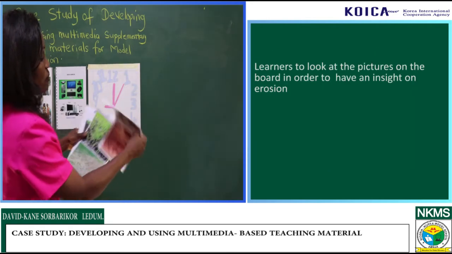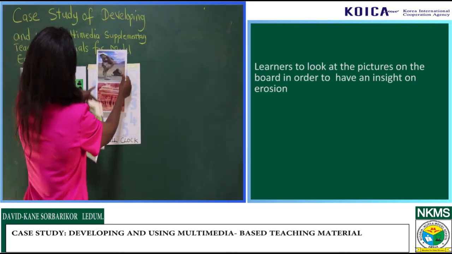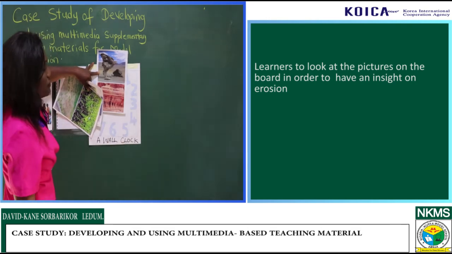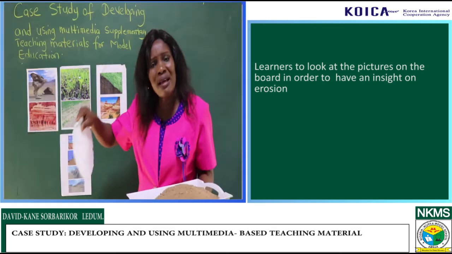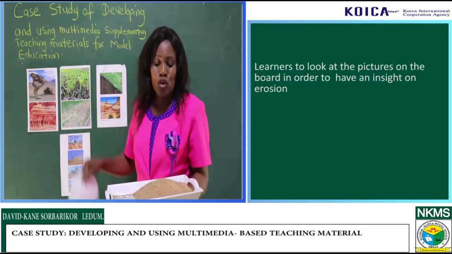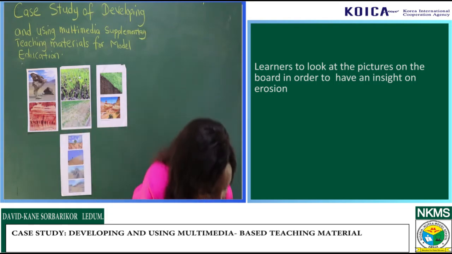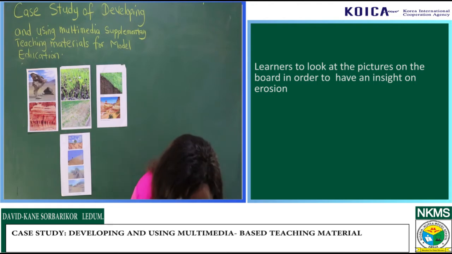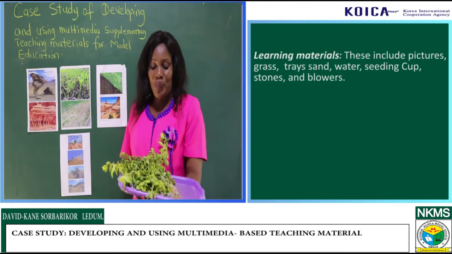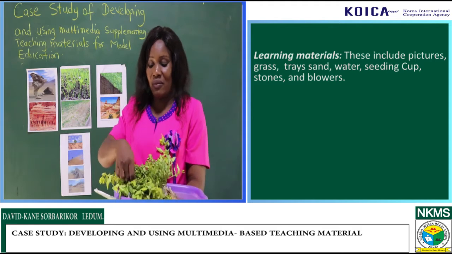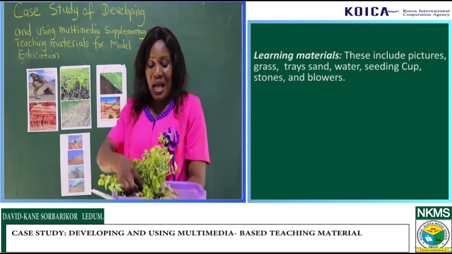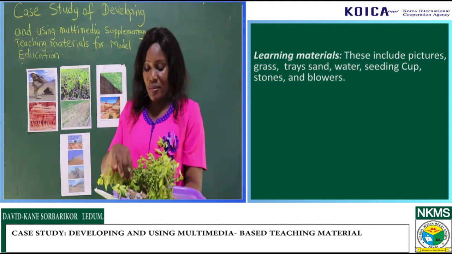These are printouts from the internet. You can ask them questions. Now you see this very particular one. This is another sand tray. In this sand tray, you can see it represents trees, and then stones all around.